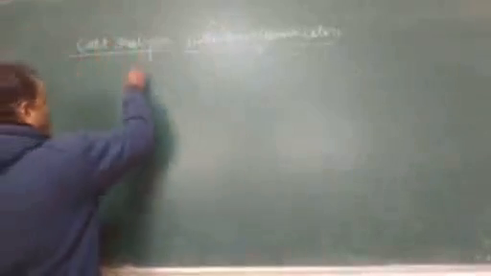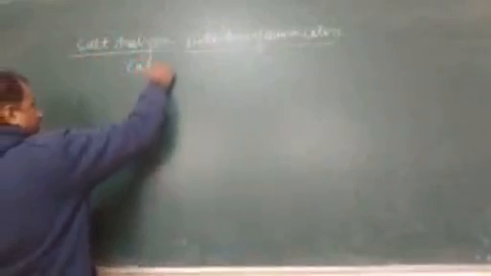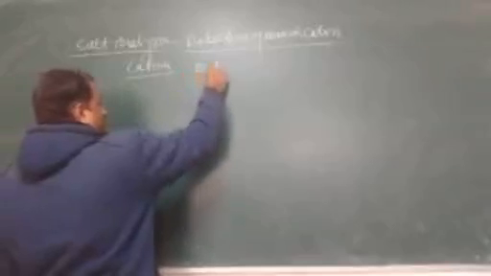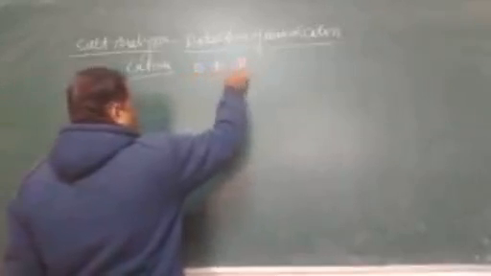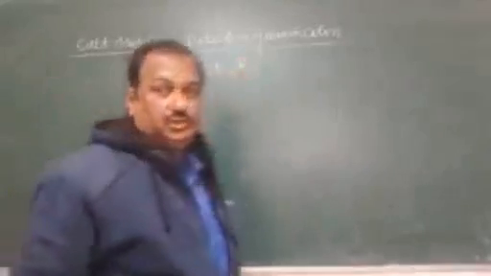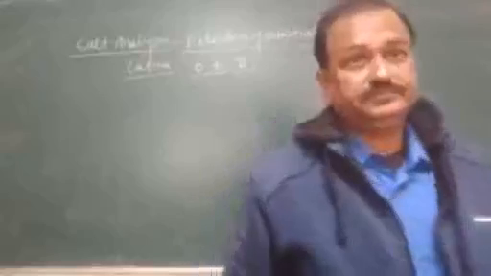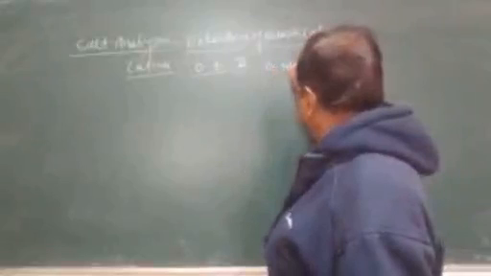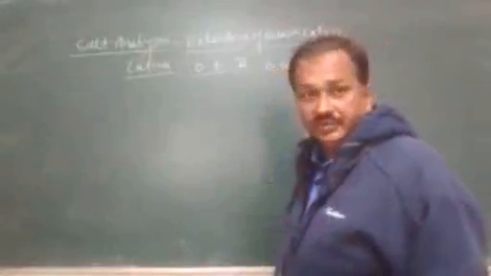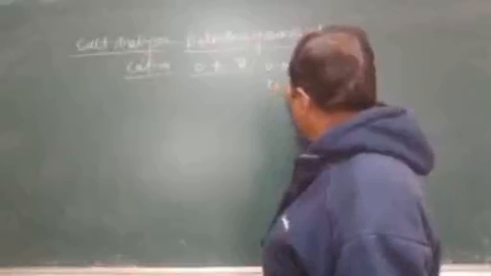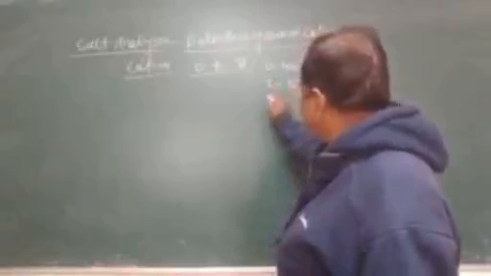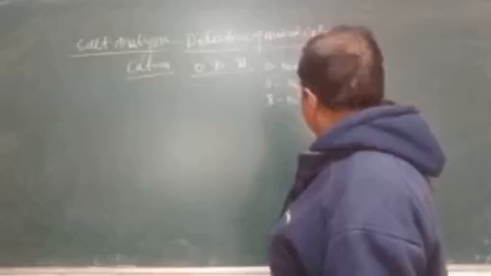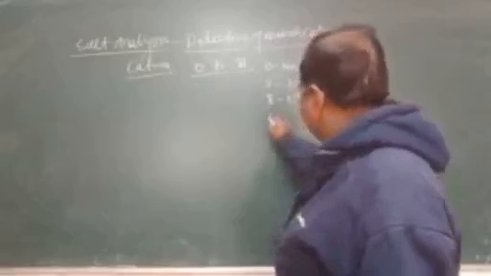Now coming to cations. Cations have been divided from group 0 to group 6. In group 0 we have only one, ammonium. Then first we have lead, then second we have lead, mercury and many more.